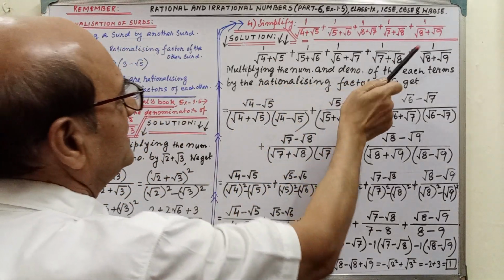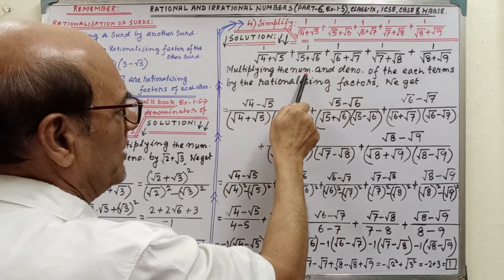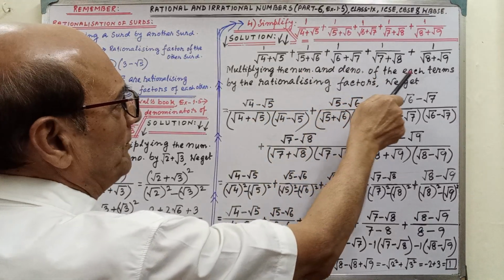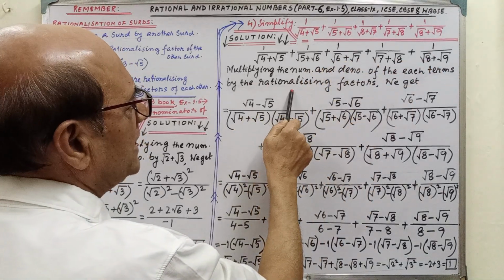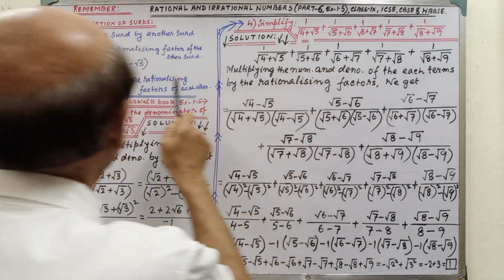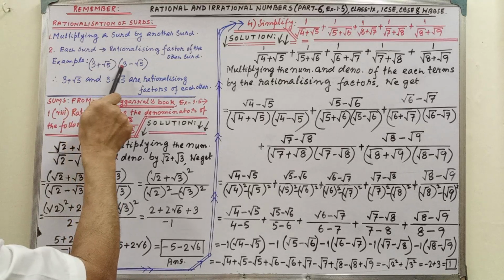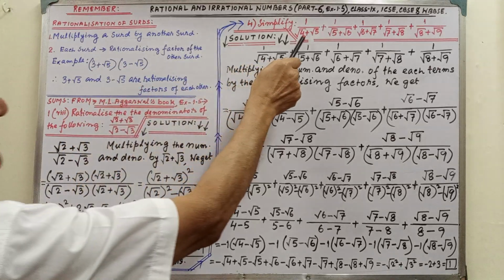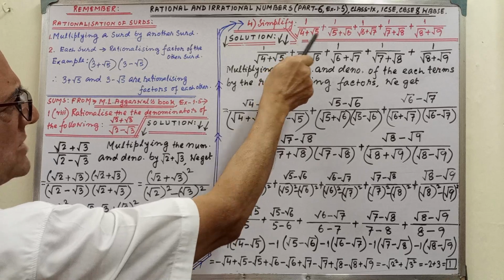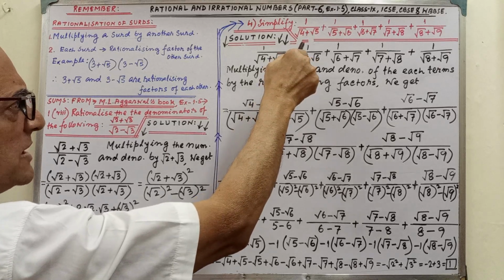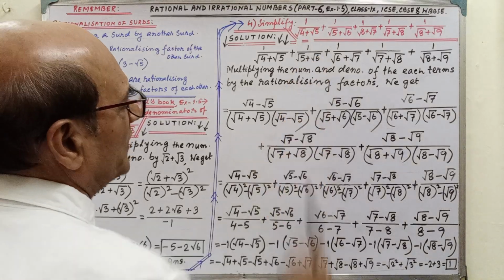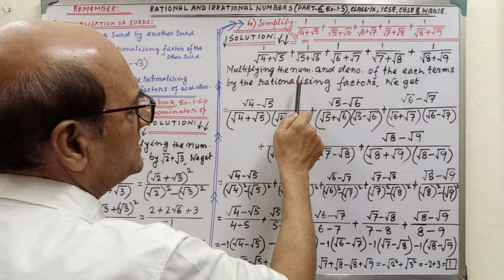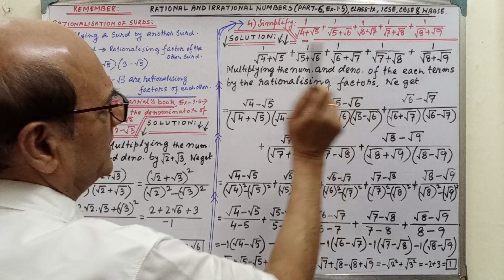After writing the sum, multiply the numerator and denominator of each term by the rationalizing factor. The rationalizing factor of 3 plus root 5 is 3 minus root 5. Similarly, root 4 plus root 5 has the rationalizing factor root 4 minus root 5.